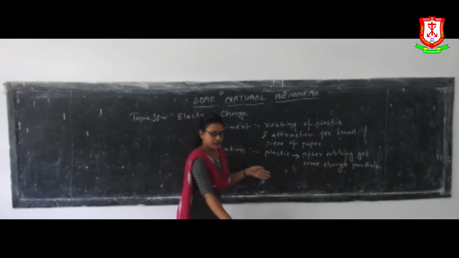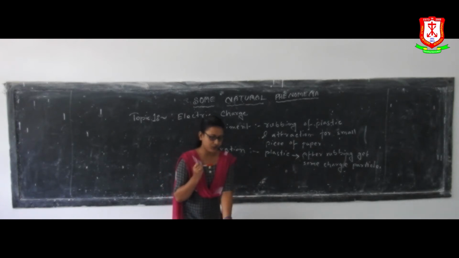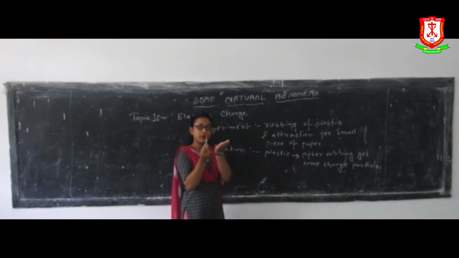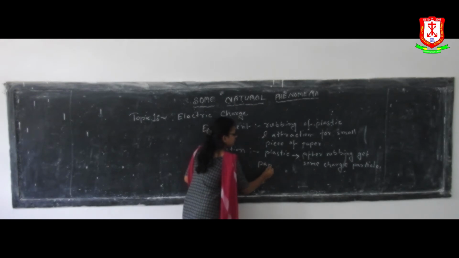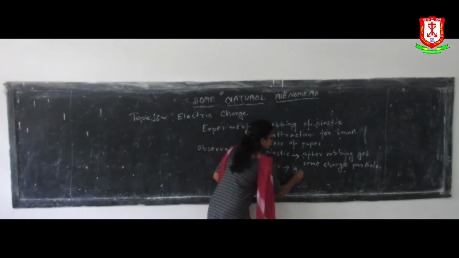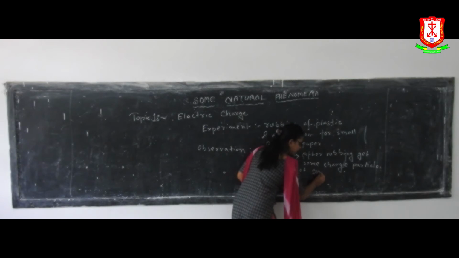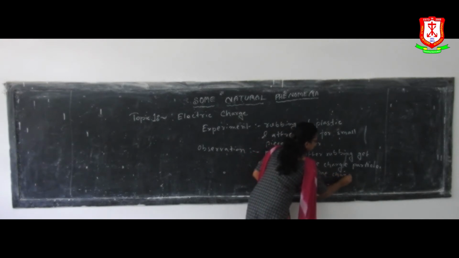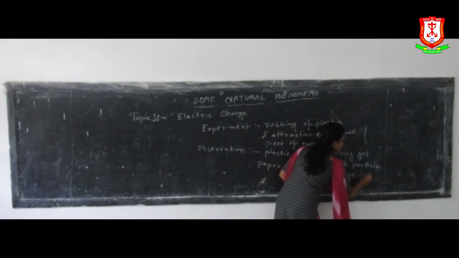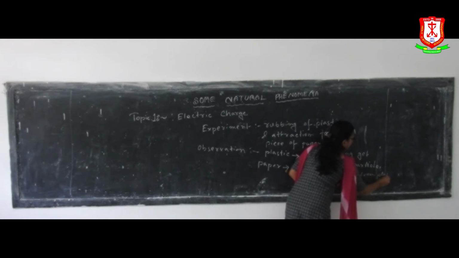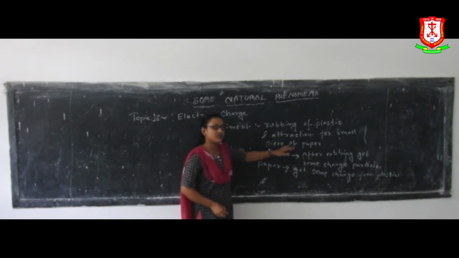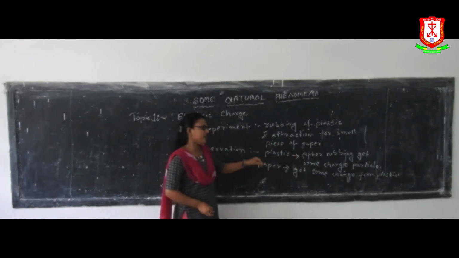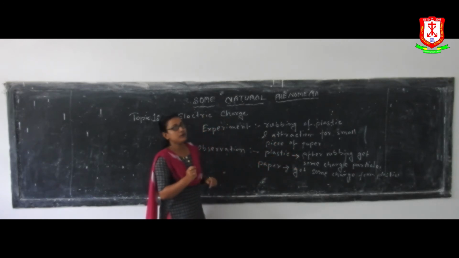Now when you touch this plastic to the small pieces of paper, the plastic shares some electrons with the pieces of paper. That means the paper gets some electrons, gets some charge, from where? From the plastic. That means plastic loses some electrons and the paper gains some electrons from the plastic.